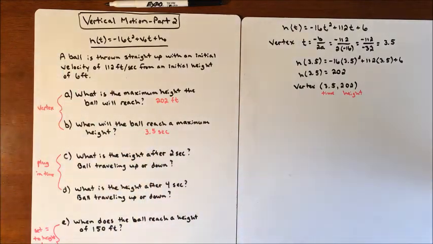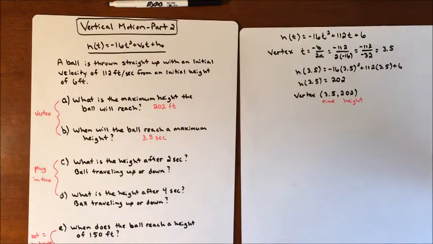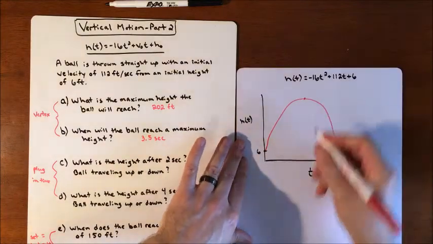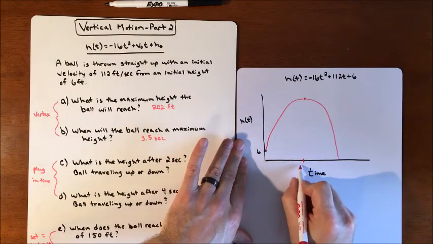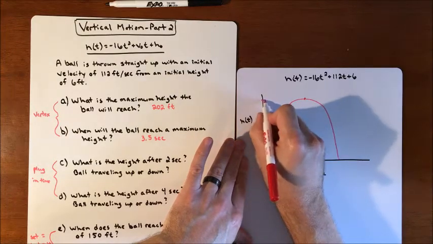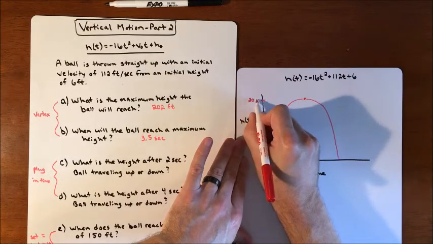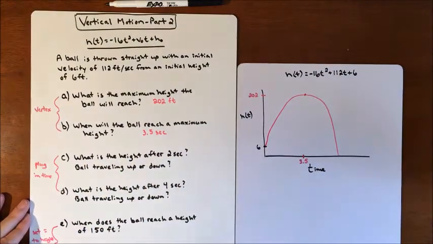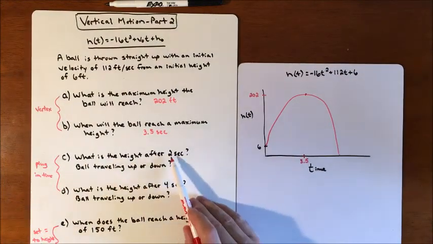Okay, so we can also connect that to the graph. So we'll come back. And we have a maximum height at 3.5 seconds. It hits a maximum height of 202. All right, so this already starts to answer our question of after 2 seconds.